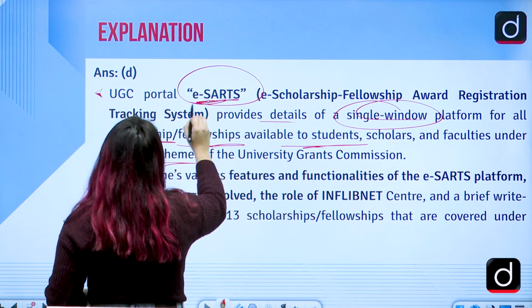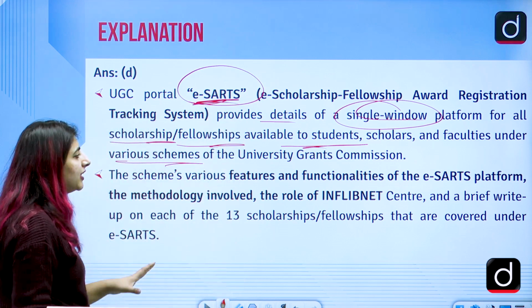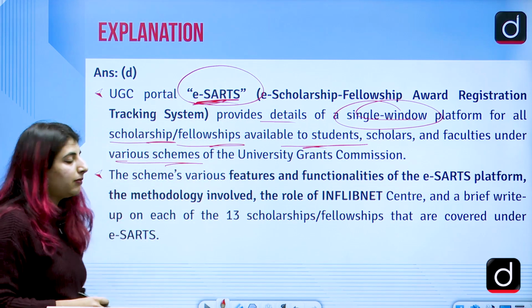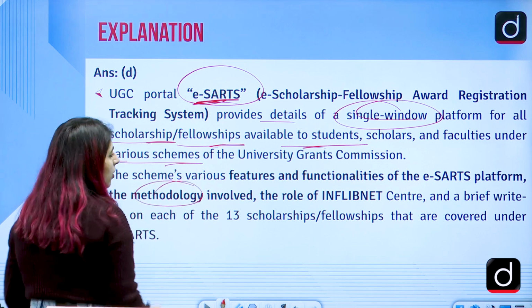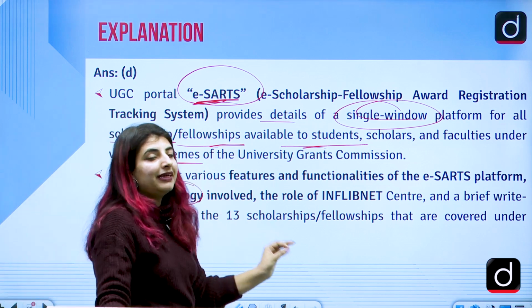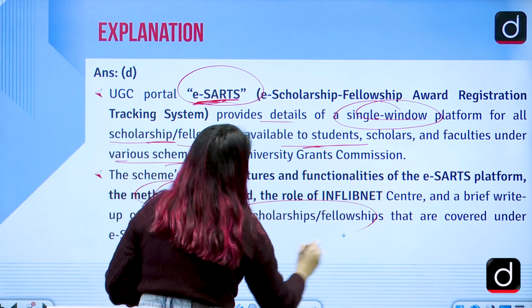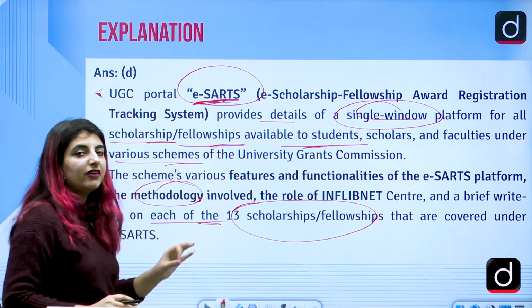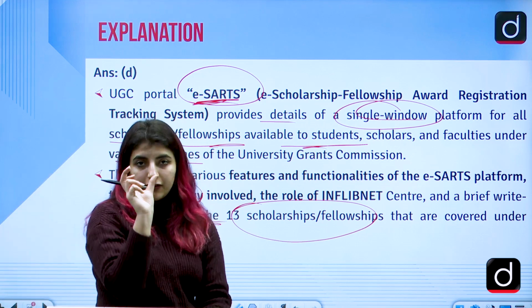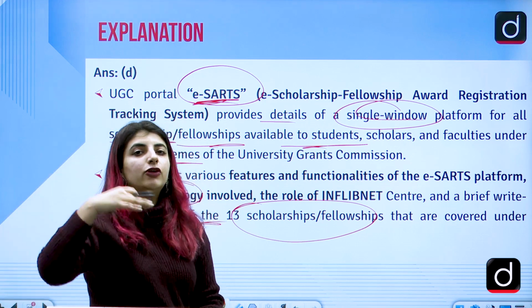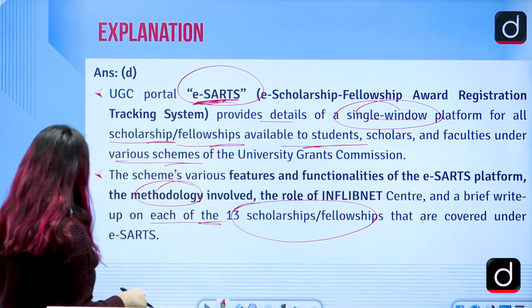You can see it here: the scheme's various features and functionalities of the E-SARTS platform, the methodology involved, the role of the INFLIBNET Centre, and a brief write-up on each of the 13 scholarships that are covered under E-SARTS. So everything related to scholarships or fellowships will be provided on this very platform.